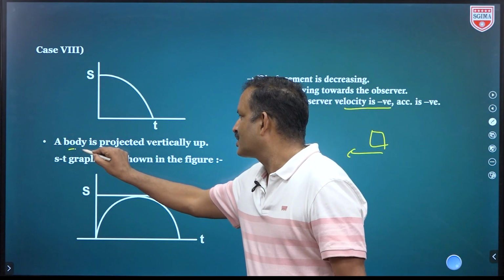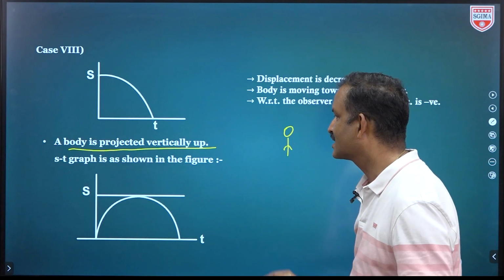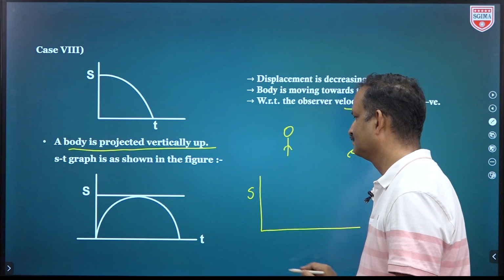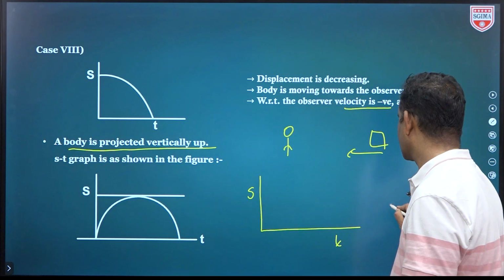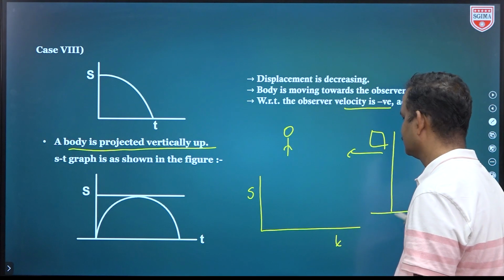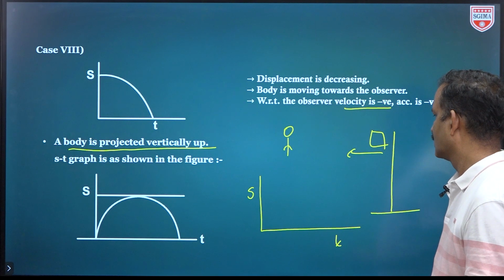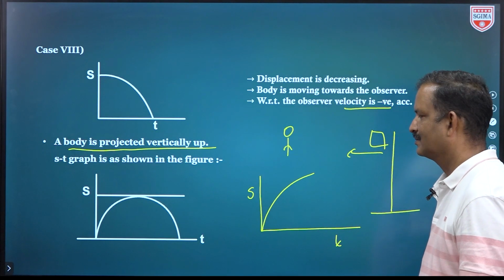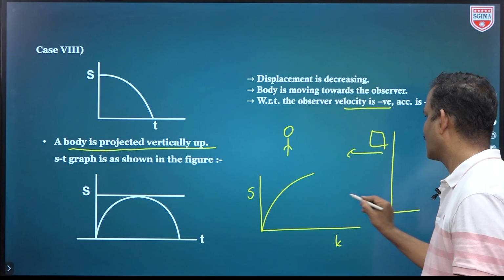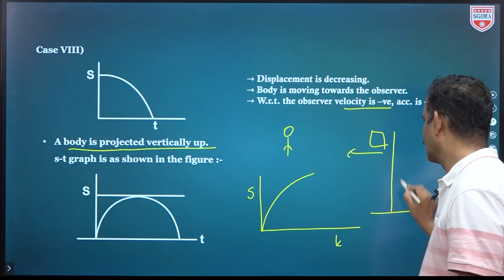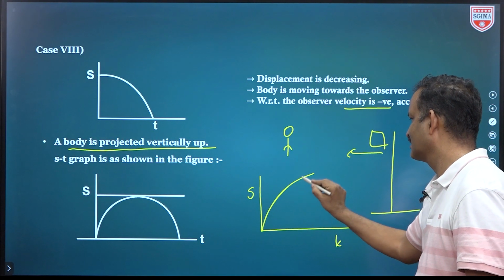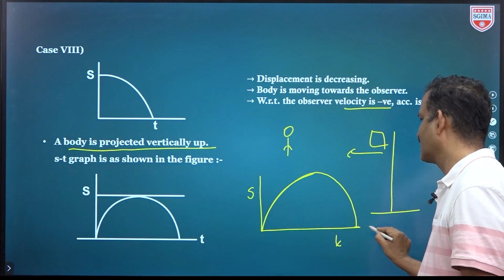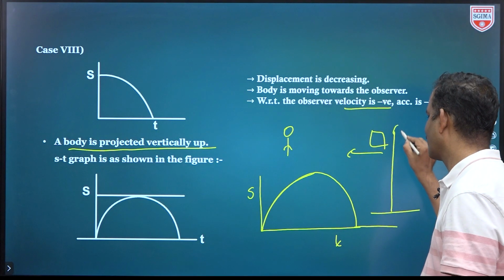Now, a body is projected vertically up. What does the displacement time graph look like? First, the body is going in this direction, so the retardation graph is in this way. Thereafter, it is coming downward: displacement is first increasing, positive velocity, and later displacement is decreasing, negative velocity, and it returns back.